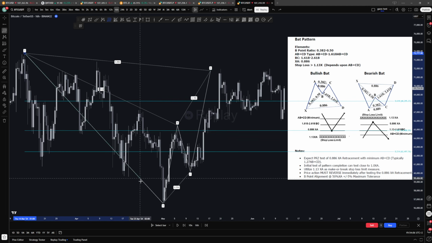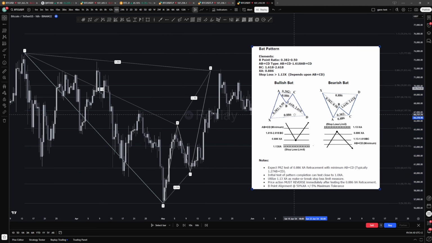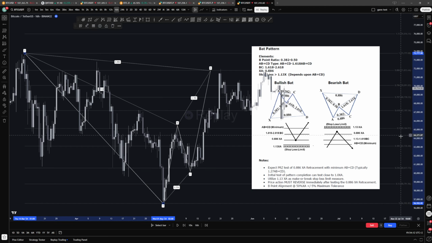That is the exact same fib. If I put on my progression one, as you can see, that is the 0.886 and that is the 0.5. That is the exact same fib pool. So why would X to B even matter? The reason for that is because your X to B point is there to make sure all of the fibs that form in a harmonic are all in the same spot.